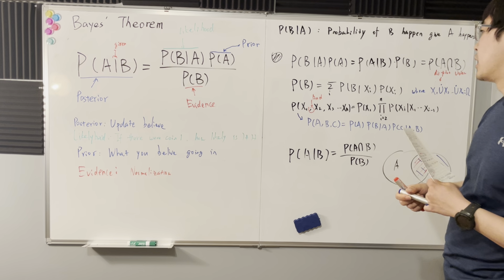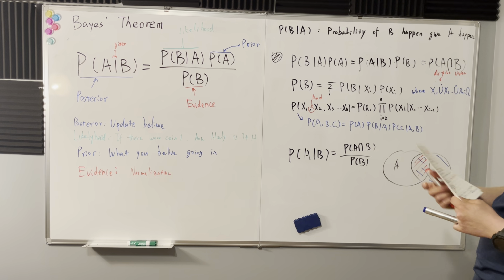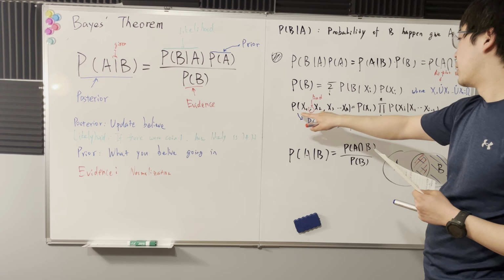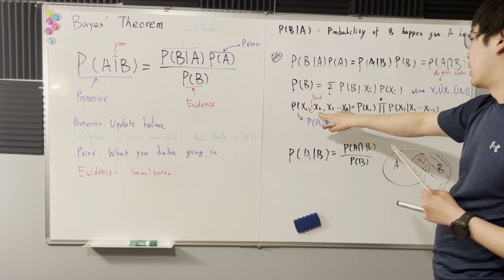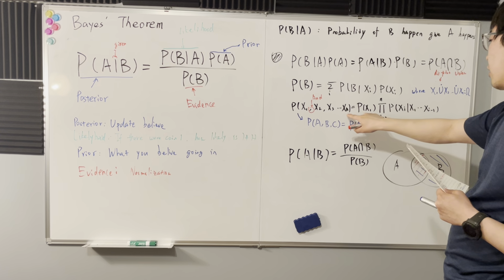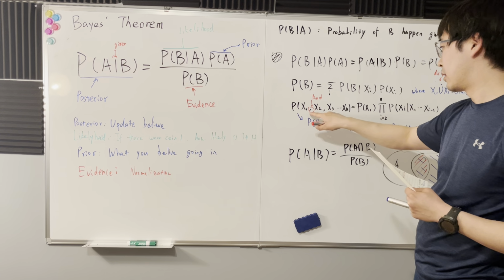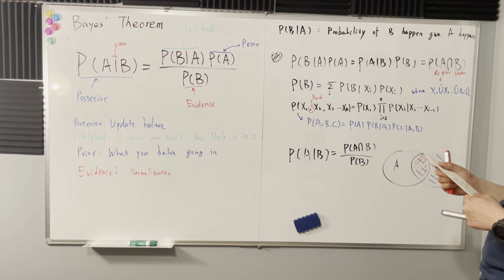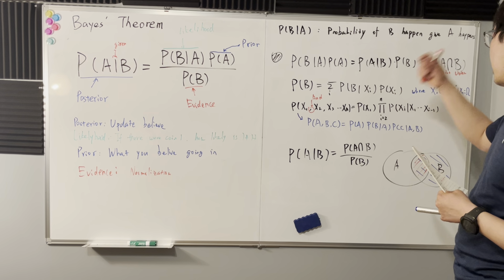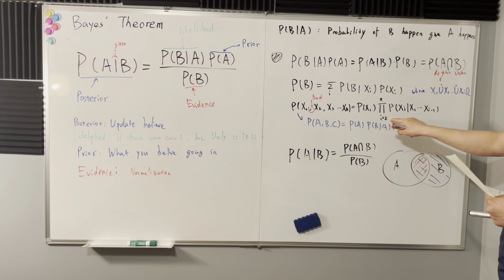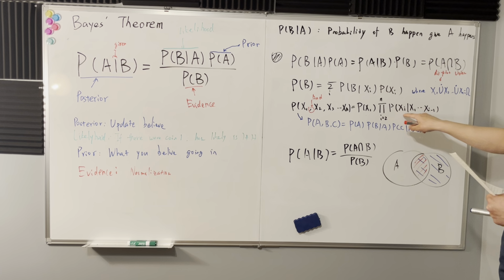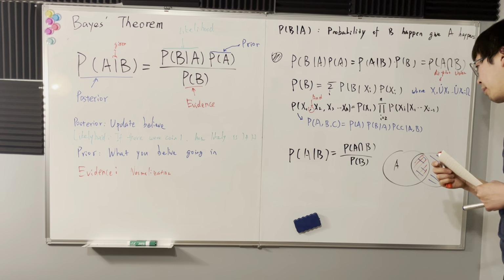Another good formula is the probability of x1, x2, x3, up to xn all happening. The comma means and. They all happen at the same time is P(x1), multiplied together from i equals 2 to n of P(xi given x1 to xi minus 1 happened).